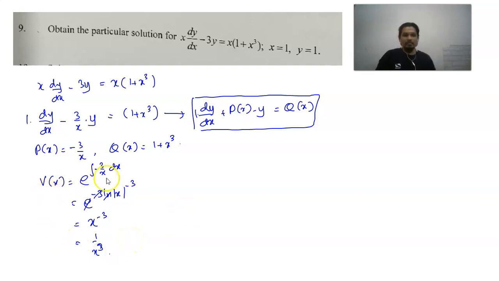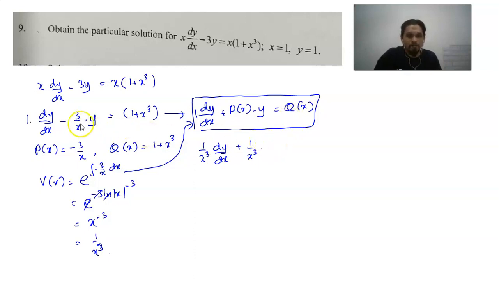So this V(x) is multiplied here: 1 over x cubed dy/dx plus 1 over x cubed multiplied with negative 3 over x times y equals 1 over x cubed times Q(x), which is 1 plus x cubed.